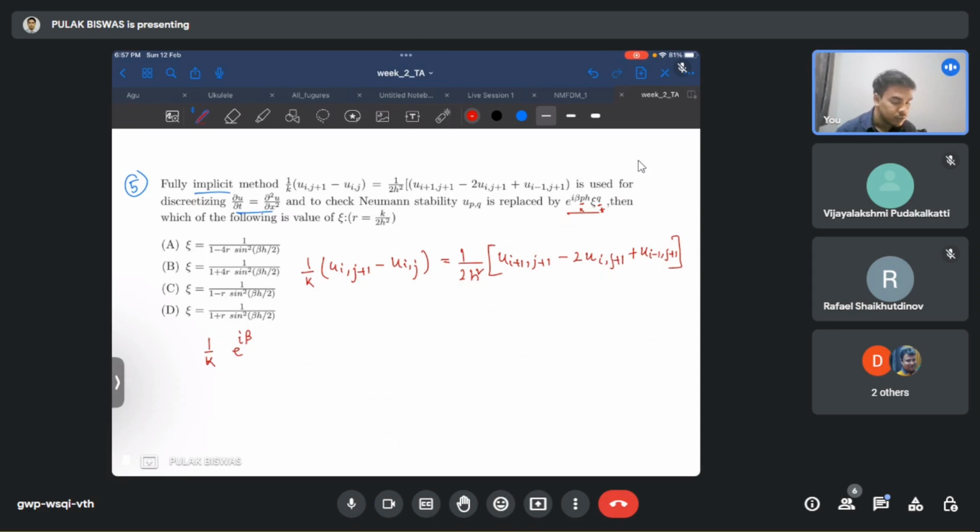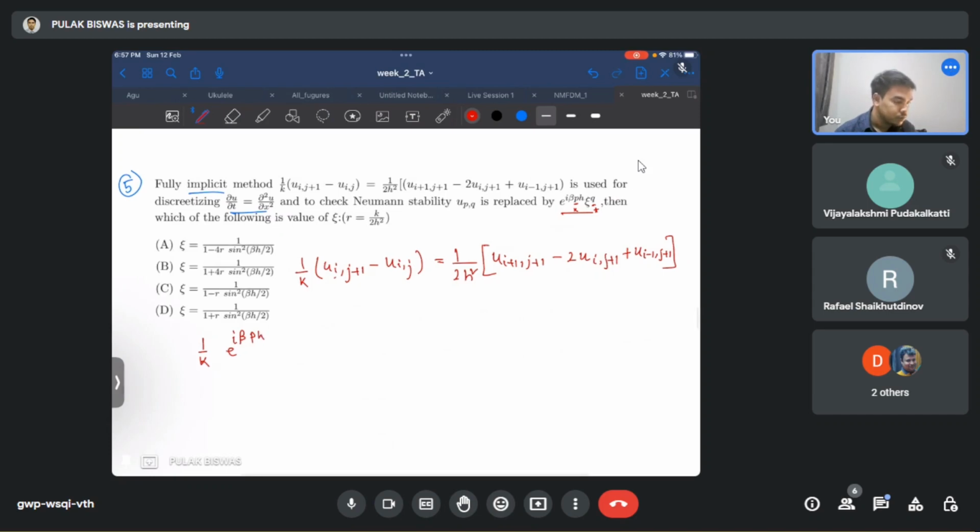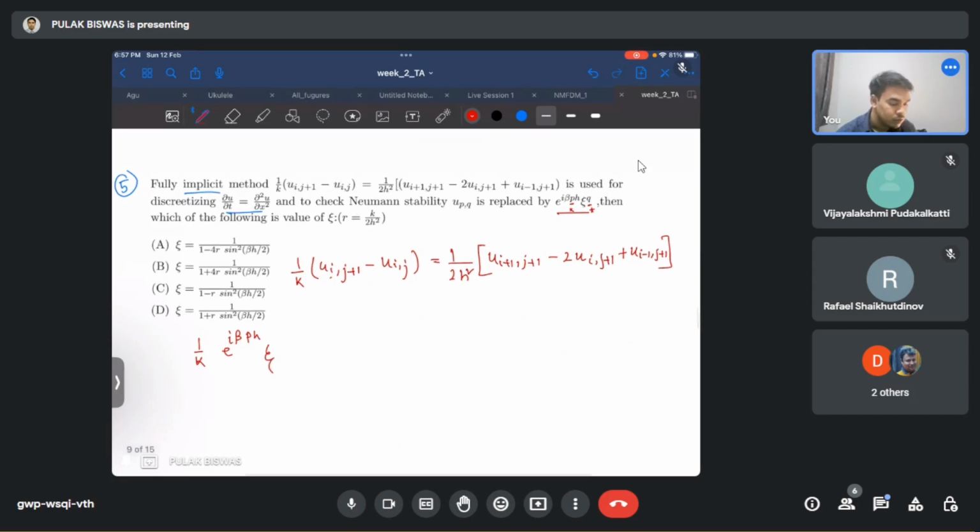This i is a different i, the complex number, and p is equivalent to this i. Your xi, this j plus 1.